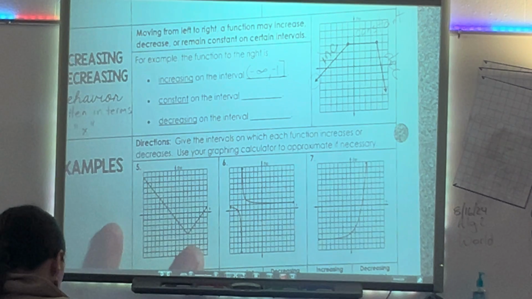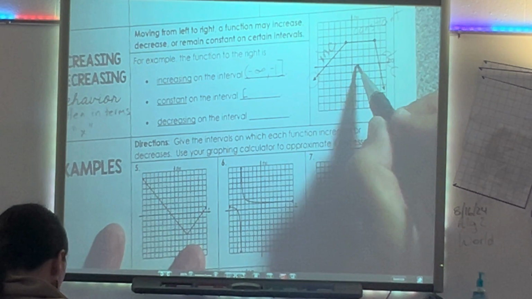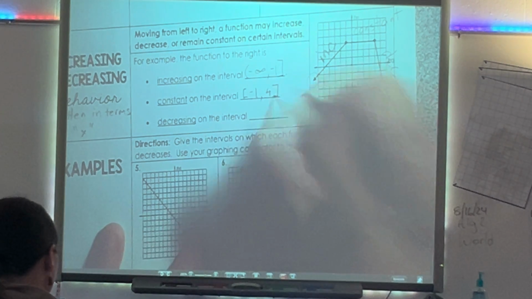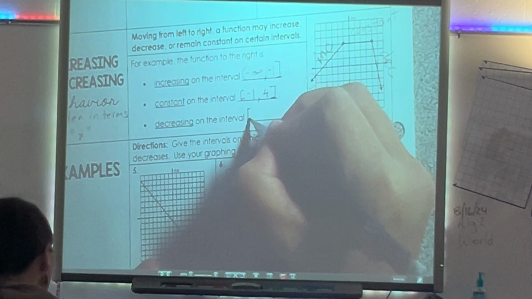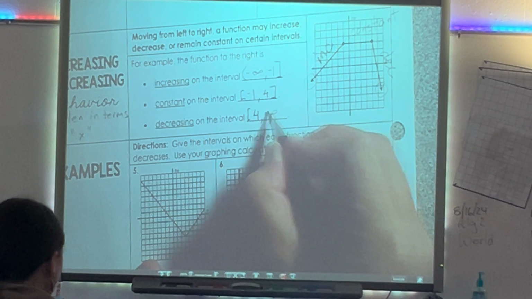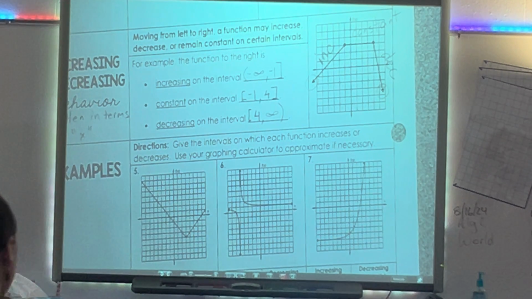Then I'm constant from -1 to 4, and then I decrease from 4, and even though it's going down, it's going to the right, so it goes to positive infinity. Be really careful with those because we write them for X, so the X is still going to the right.